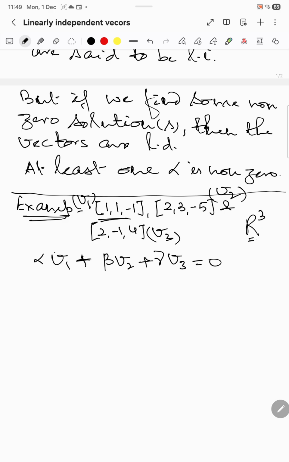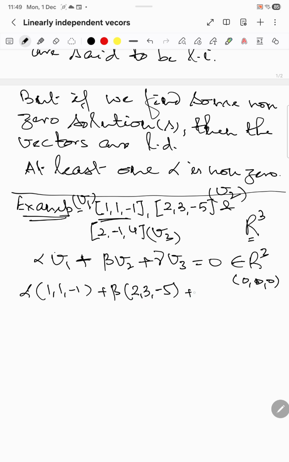So this 0 also belongs to R3, which means this 0 is simply the vector with three components as 0. Now we put the values. So this is alpha times (1, 1, -1) plus beta times (2, 3, -5) plus gamma times (2, -1, 4) is equal to (0, 0, 0).